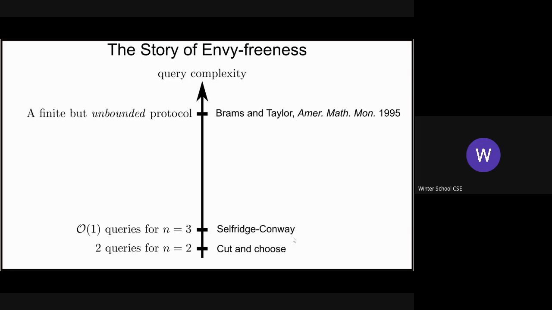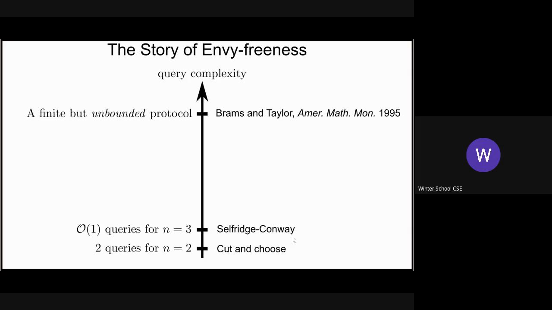But unbounded means that they could not give a bound on the running time purely as a function of n. Their running time depended on n as well as the VIs, the valuation functions, which meant that you could make the protocol run for as long as you want by cooking up some strange preferences. So this was one of the downsides of their otherwise very impressive result.